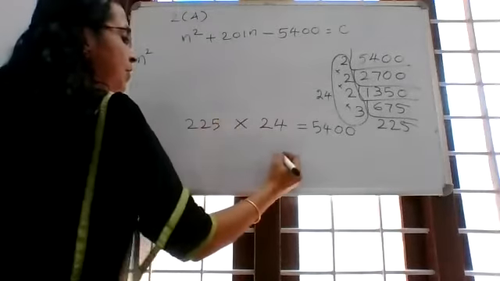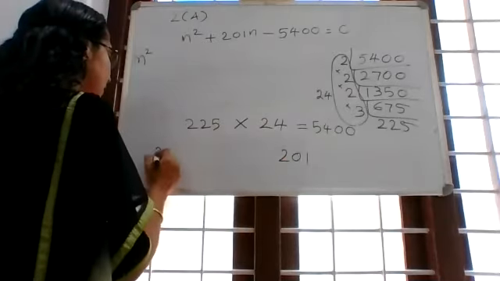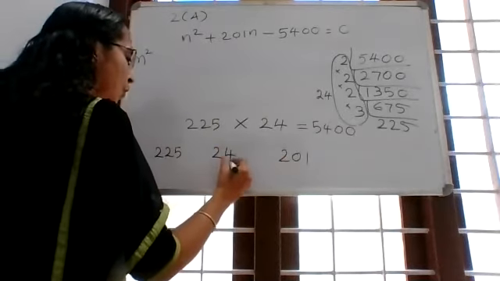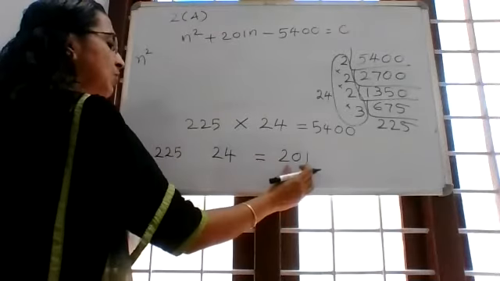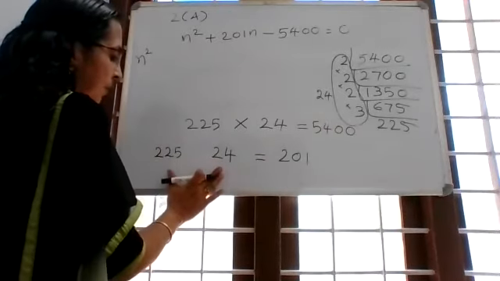Same number we want, which one? 201 we want to get using the same numbers 225 and 24. What do we want to do with these two numbers? Add or subtract?